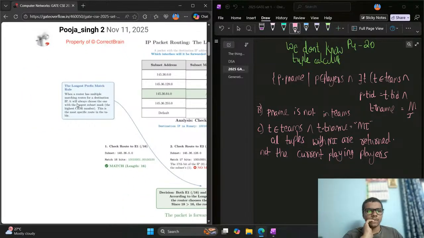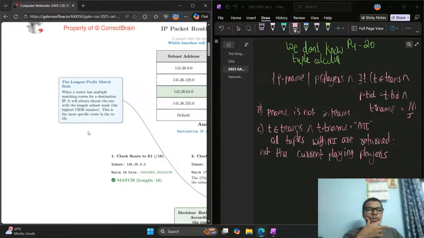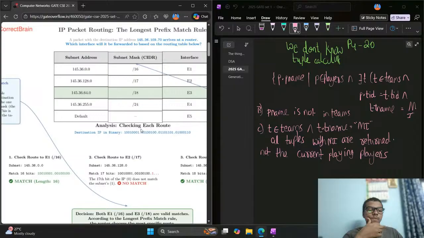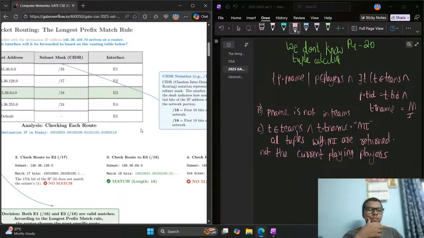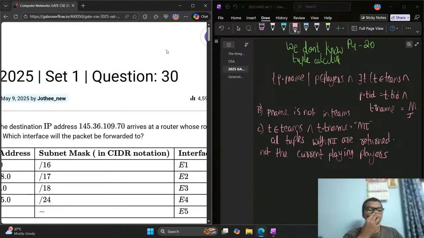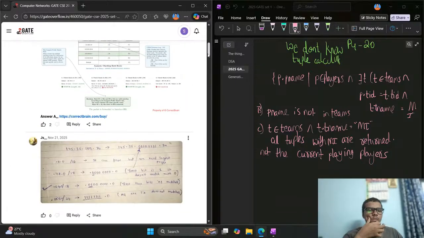The longest prefix match route: if the router has multiple matching routes, it picks the one with the longest subnet mask. How are they matching out?